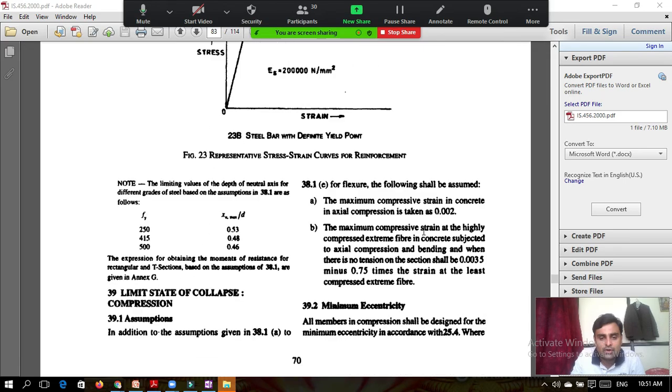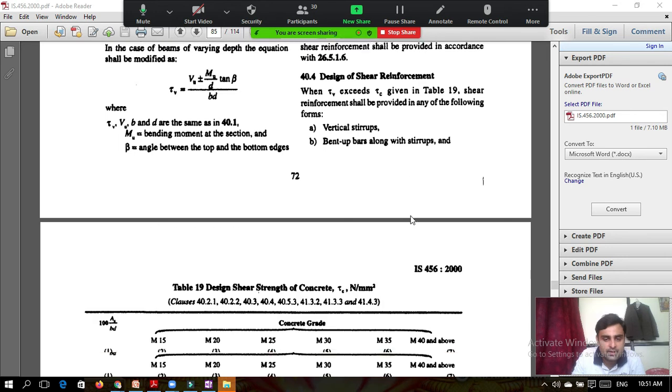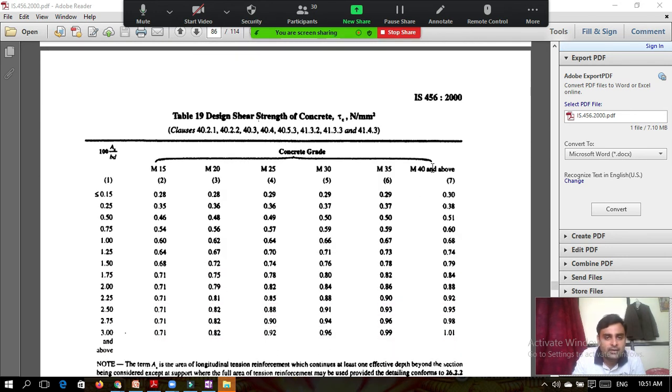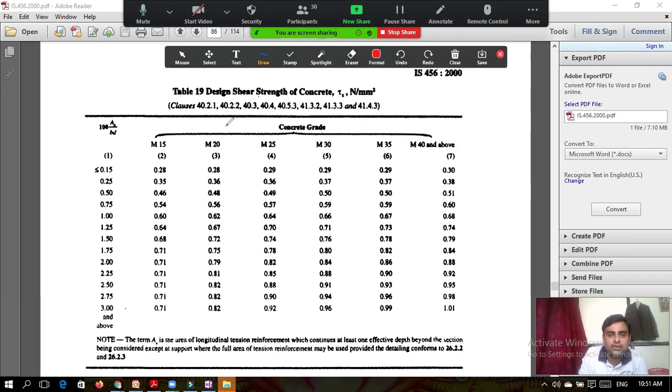I think it is on page number 72 or 73 somewhat. 73 here. Design shear strength. Here if you see design shear strength, this table we have used quite many times now. So now what is our percentage of steel?